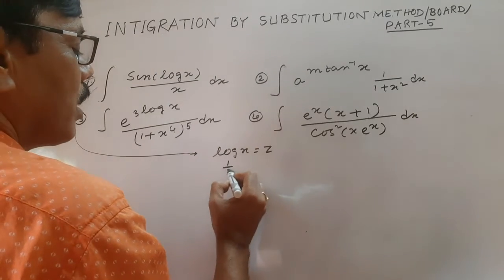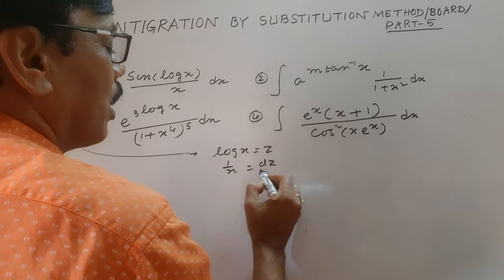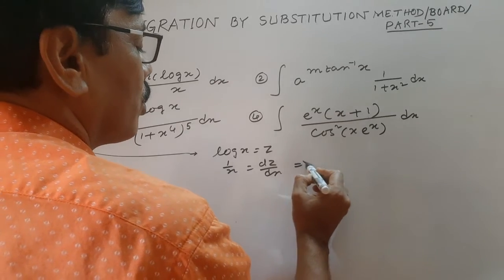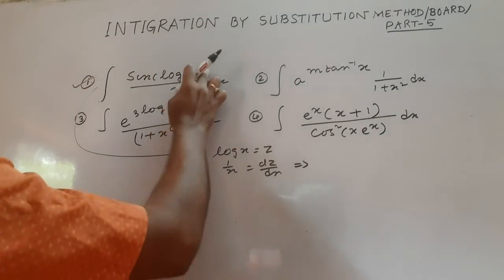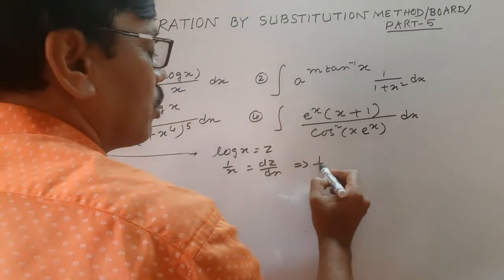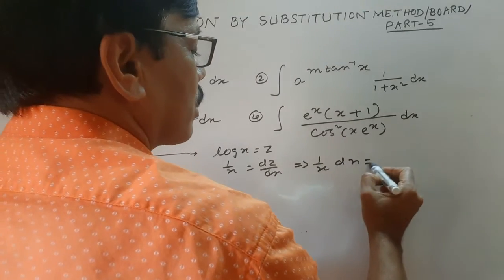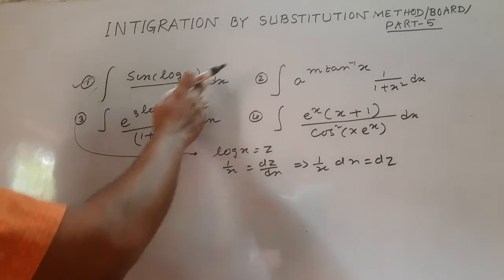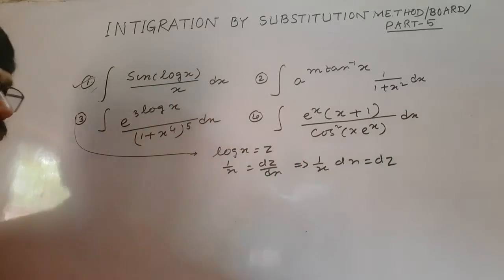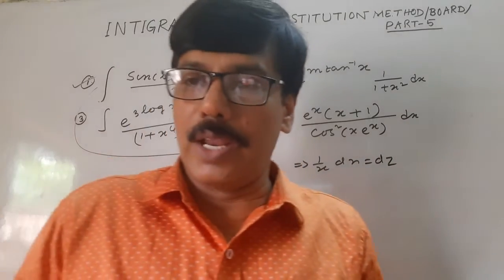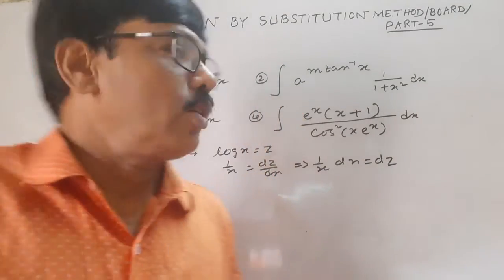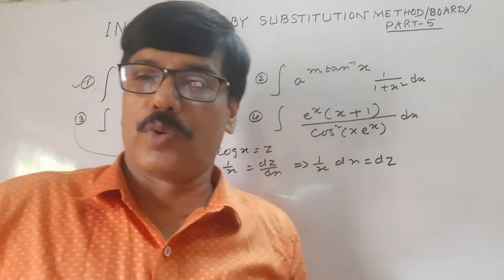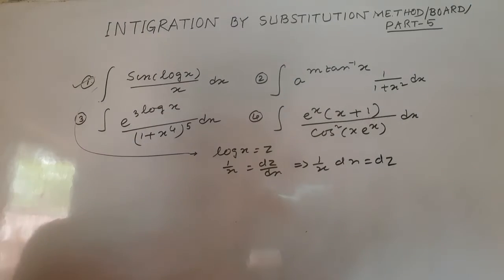Now 1 by x equals dz by dx. So this implies, look, 1 by x into dx equals dz. So here it is dx by x, so this is dz. Our main aim will be to write the problem in terms of the new variable z.